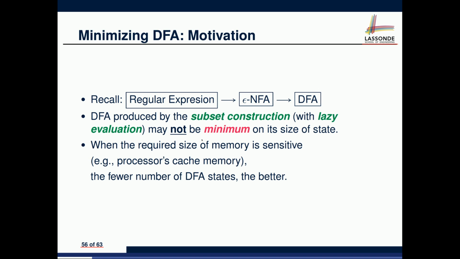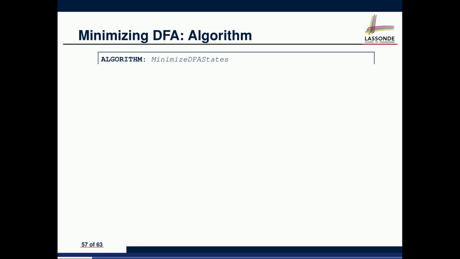For example, maybe you want to store your DFA implementation in some cache memory where the space is really limited. So the fewer the better. In some examples that we're going to see, you can actually shrink the state space by half, which is pretty good. So I would say it's a technique that's worth learning. The way I'm going to do it is I will just go over the algorithm like pseudocode with you. Hopefully that's straightforward enough.